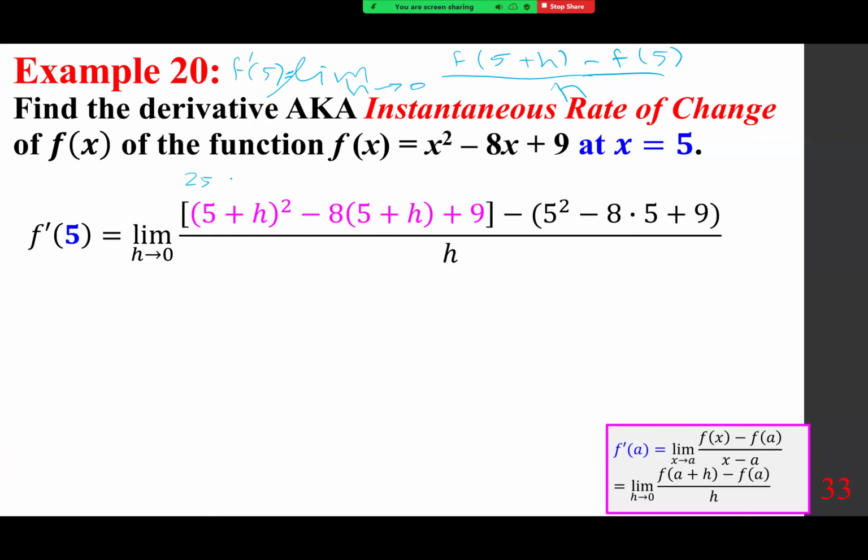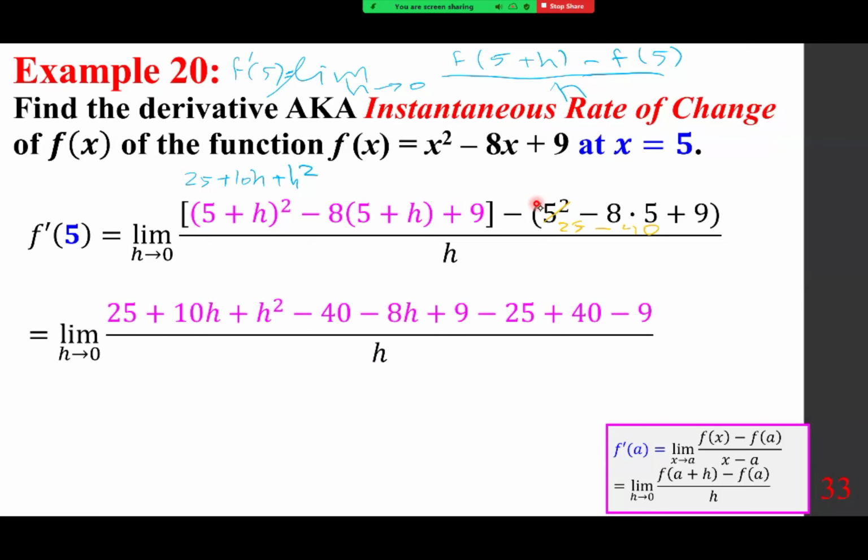5 squared is 25 plus 2 times 5 times h plus h squared. And so we have 25 plus 10h plus h squared. We have minus 40 minus 8h plus 9. We have minus, well, we can simplify and then distribute, or we can change this to 25, this one to 40, and distribute the negative.